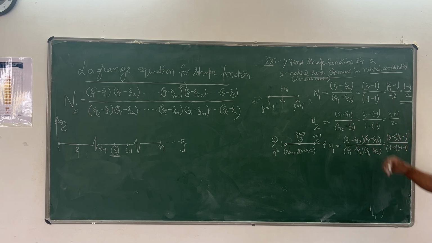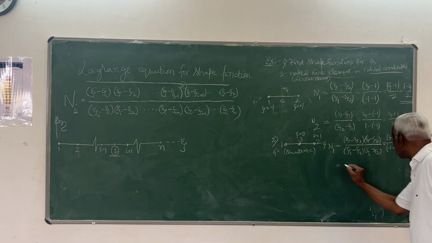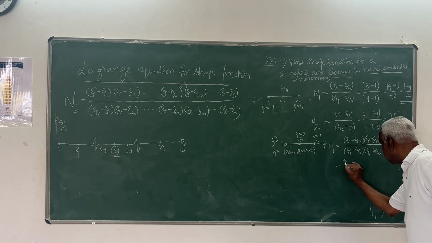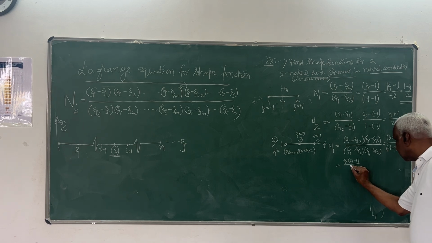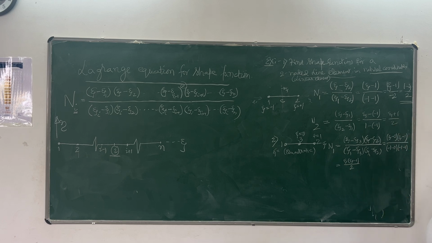From the Lagrange one, you can write it as psi into psi minus 1 divided by minus 2 into minus 1, that is 2. This is minus 2 minus 1 plus 2. This is the 1. Then n1 is psi into psi minus 1 by 2.